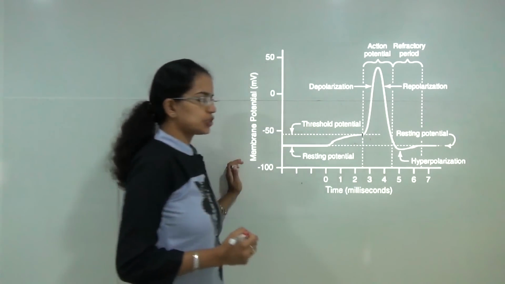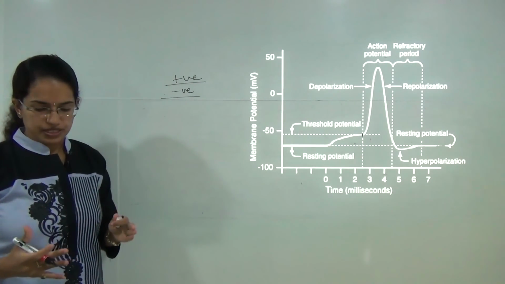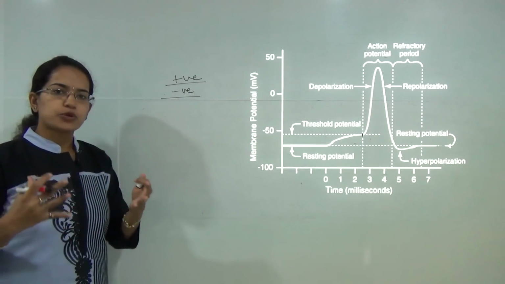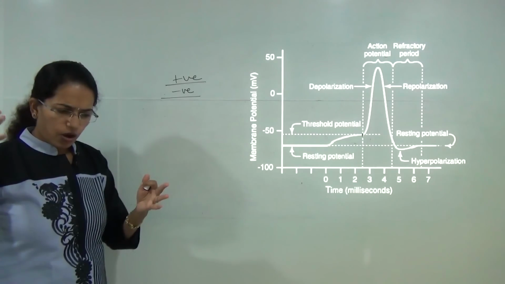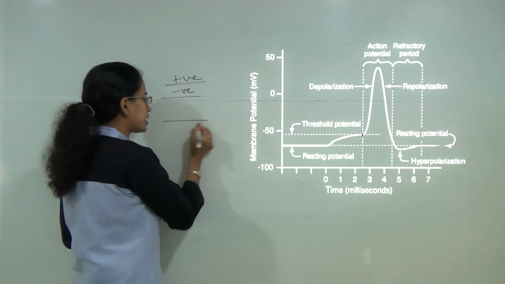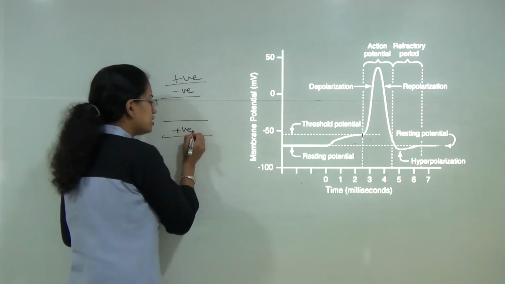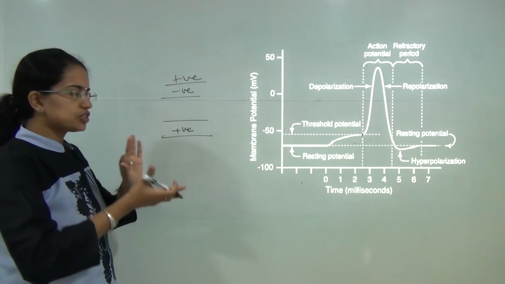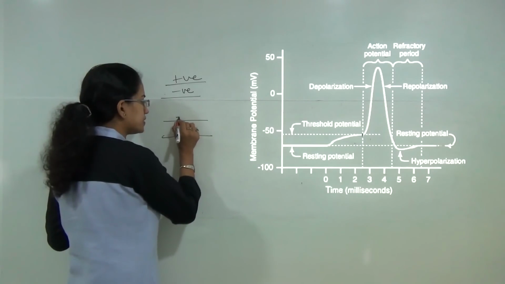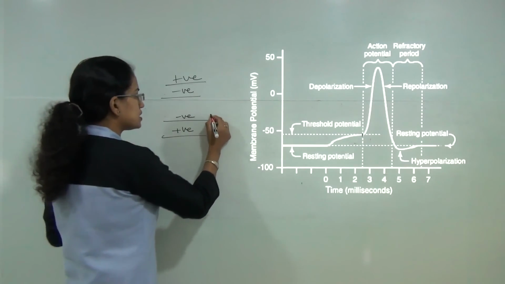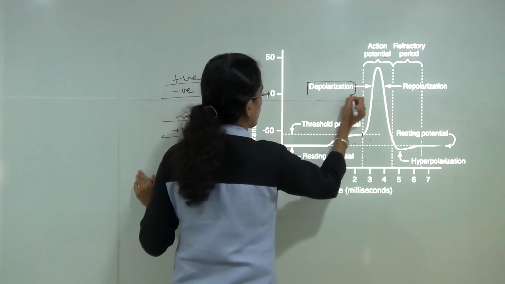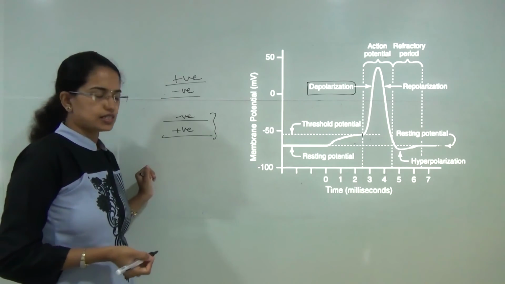After that threshold level, a lot of sodium particles would try to gush in, and the potential would change and you would have positive inside and negative outside, and this phase is what we call the depolarization stage.